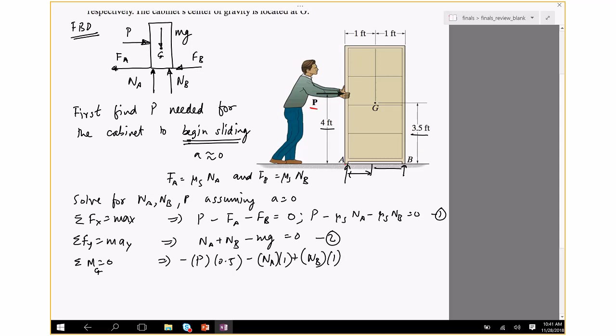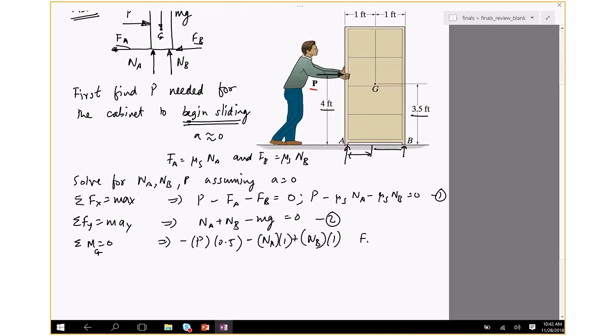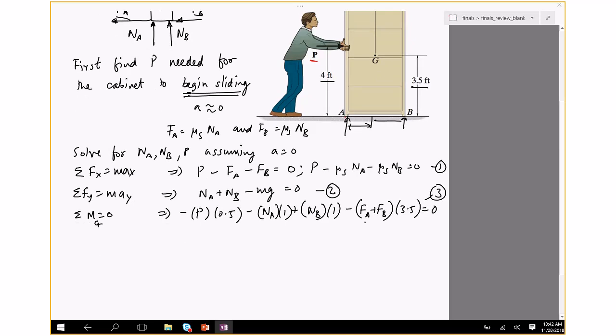And then the friction forces, FA and FB, are acting this way, with G here, so they create a clockwise torque about G. So it's FA plus FB times 3.5, and negative for clockwise torque. FA is mu s NA and FB is mu s NB.